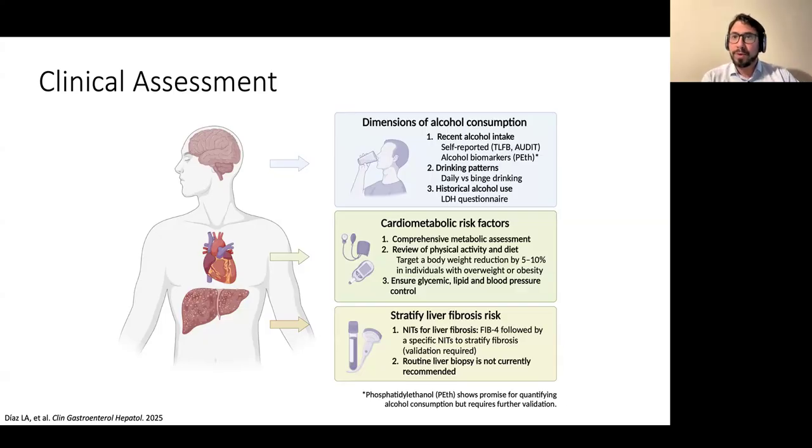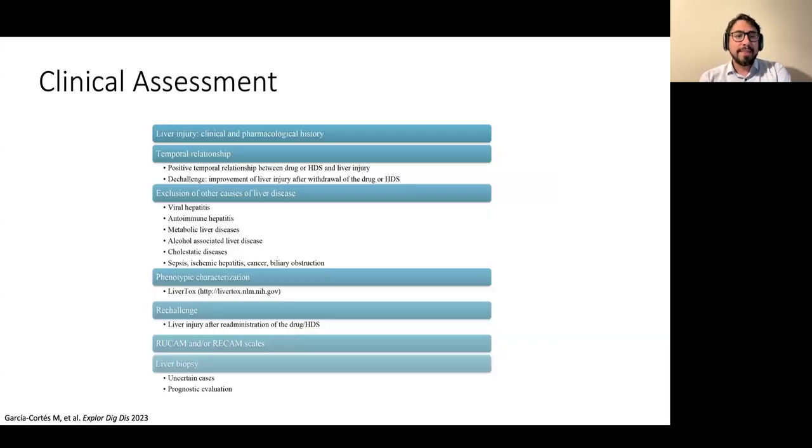And for sure, when we identify someone with hepatic steatosis, we need to stratify liver fibrosis risk. This is another framework that was suggested in a very nice review from 2023. So we need to identify alcohol, cardiometabolic risk factors, and liver fibrosis, but also we always need to think about pharmacological therapies that could induce drug-induced liver injury.